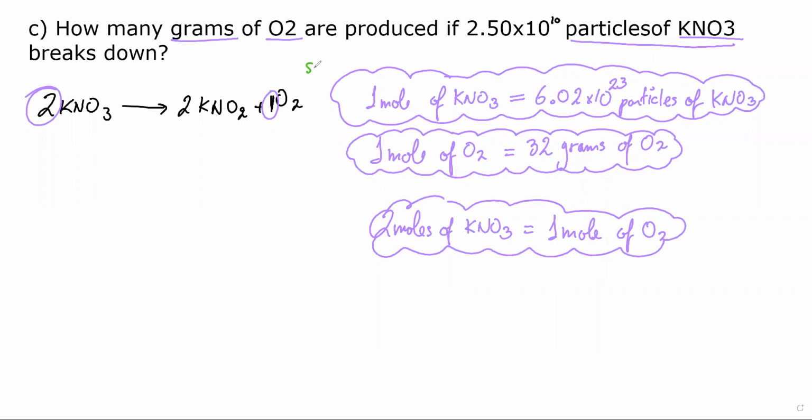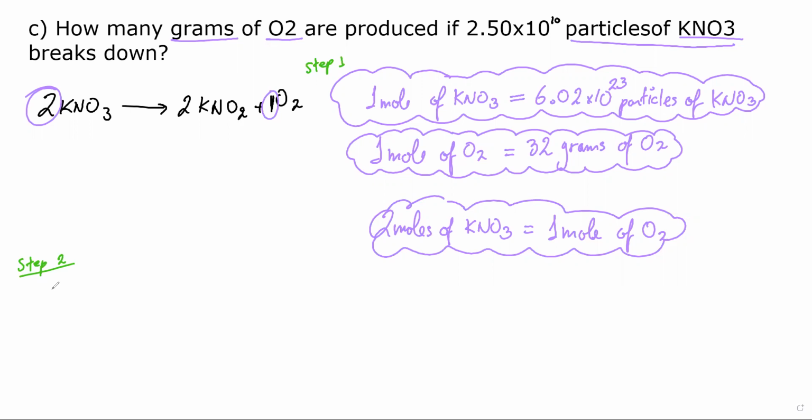So step number 1. What is step number 2? Step number 2 is, let's put what's given. So what are you given?